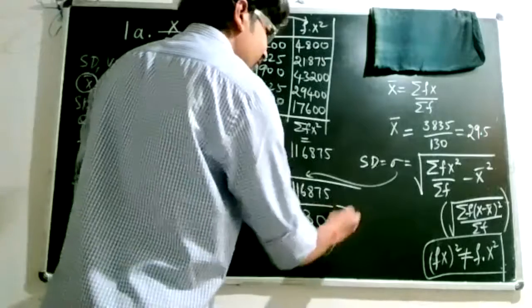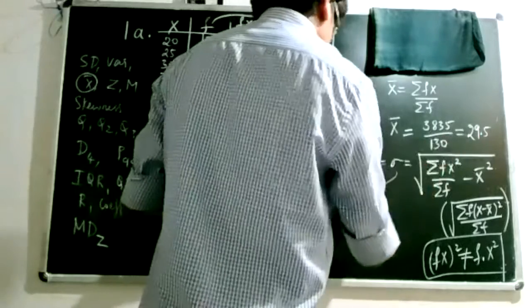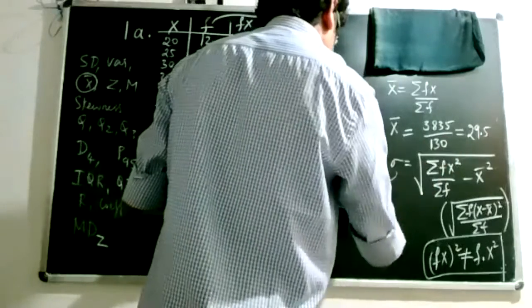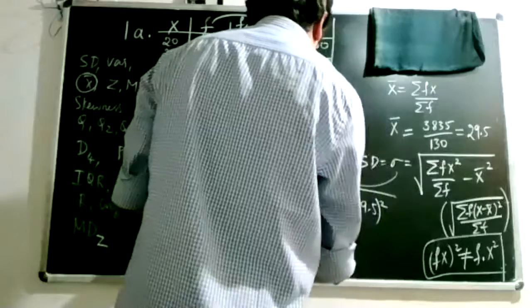130 minus the mean square. Mean is 29.5. So we'll have 29.5 square.